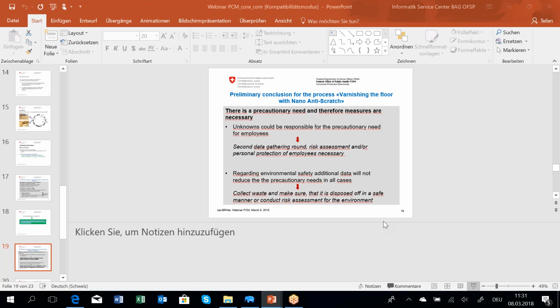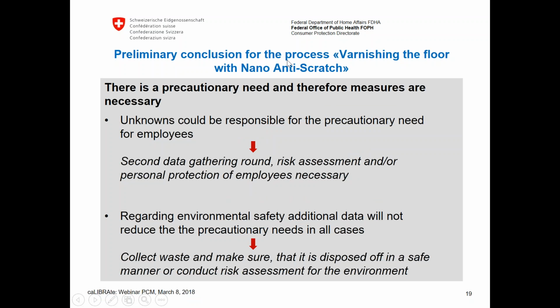The first, preliminary conclusion for this process would be that unknowns could be responsible for the precautionary needs for employees, and that after the second data gathering round, a risk assessment or personal protection of employees is necessary. So we did that. We found new information about the stability.